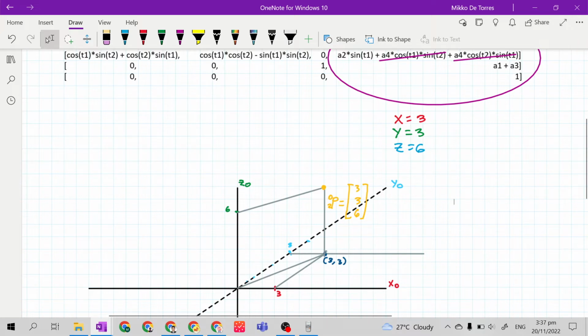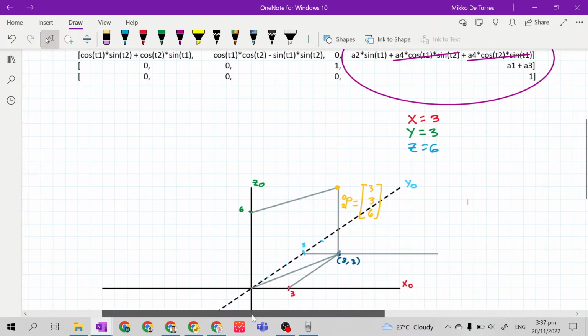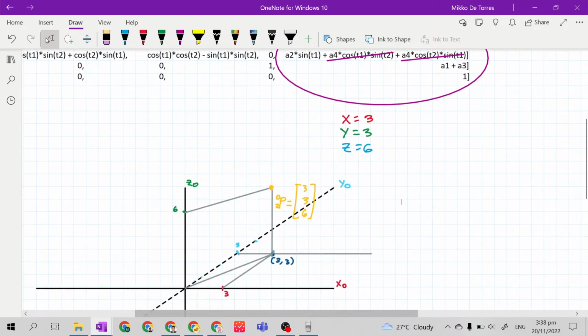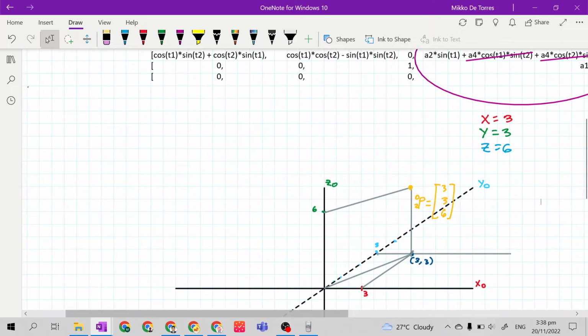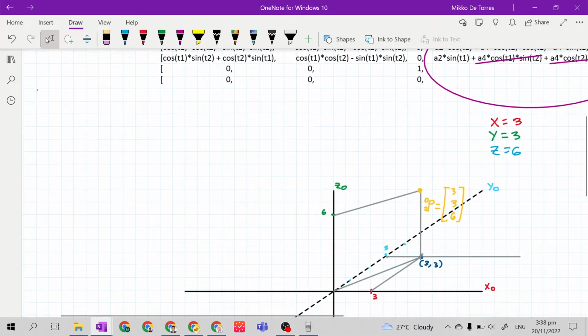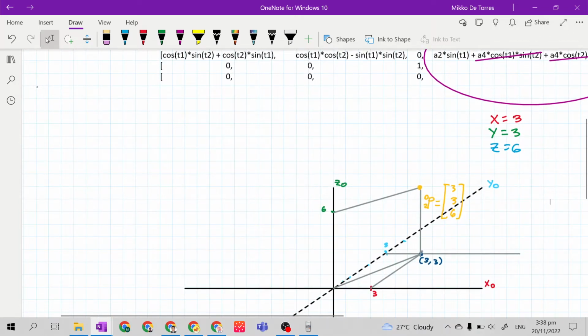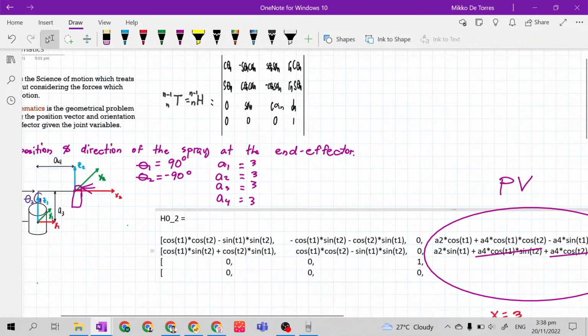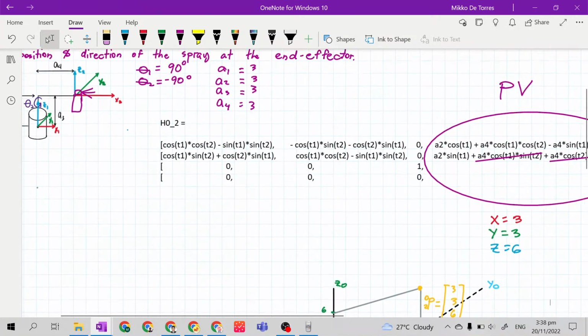At this position, the spray will be found using the given joint variables, theta 1 and theta 2. So it's 336. So how about the direction?